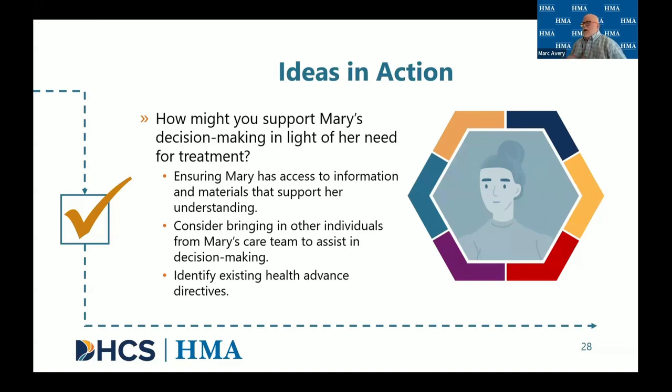Like, how can we enlist Mary in making a voluntary decision? So one concept, so how do we get to those values and preferences in the first place if Mary perhaps at present time doesn't appear to have capacity or the ability to express those?